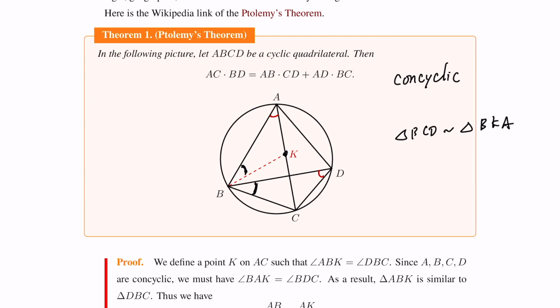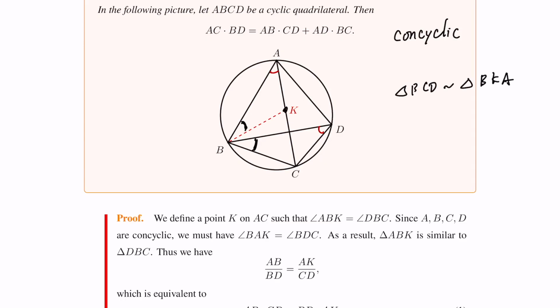Between these two triangles, two pairs of angles are the same, so the triangles are similar. Once they are similar, you have the ratio AB over BD equals AK over CD. If we cross multiply, we get AB times CD equals BD times AK. Very good, because AB and CD appear here.